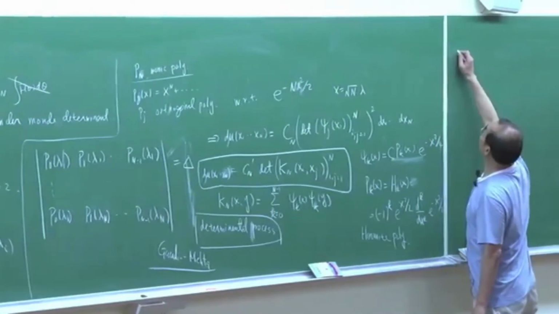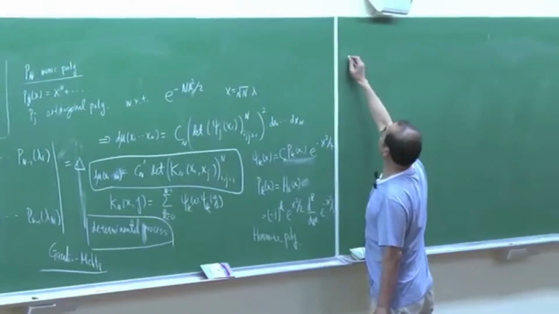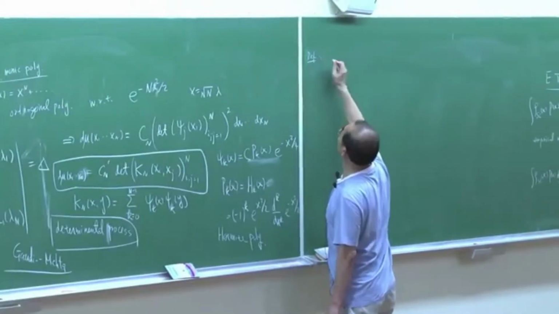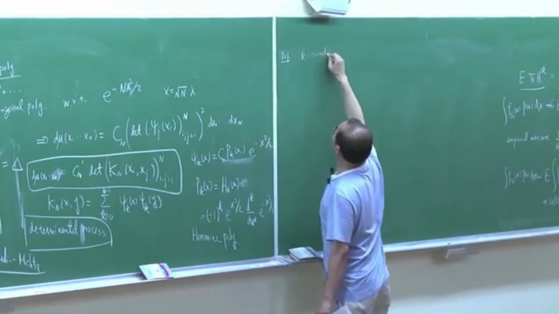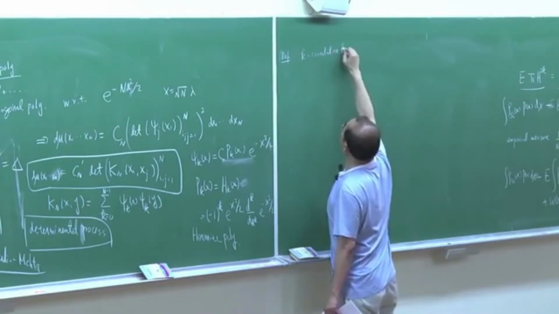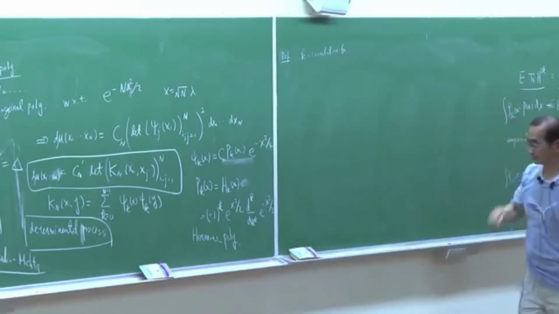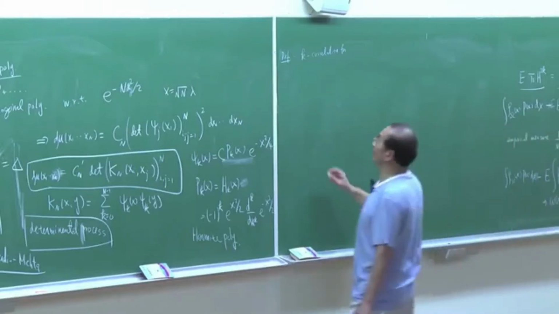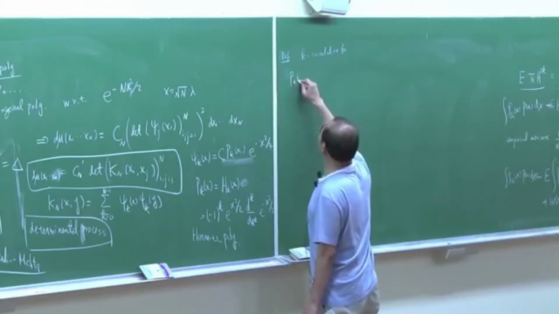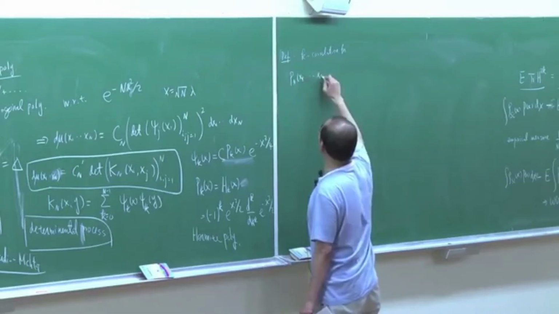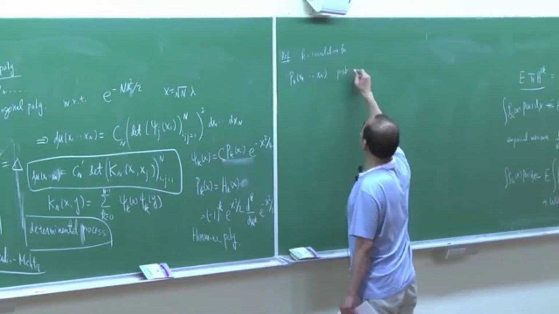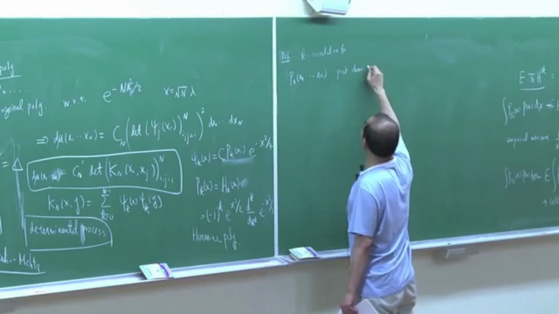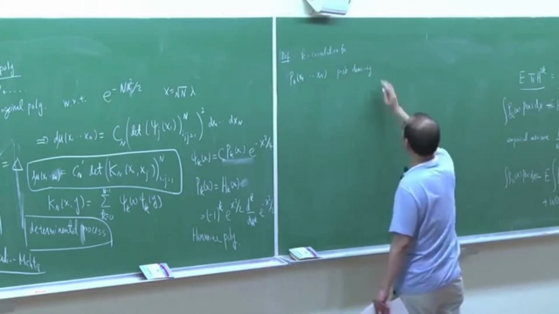Now, I should use the definition, k correlation function. So we have a Pn of x1 to xn. This is probability density. And I assume it's symmetric.